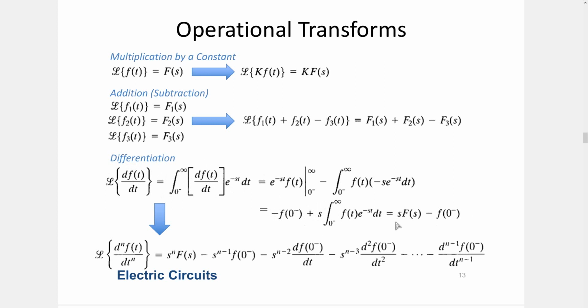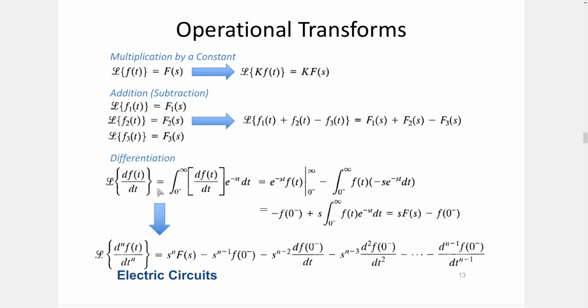So we end up with sF(s) minus the time domain value of the initial condition, which sometimes is 0 and sometimes is defined by the question. This is basically the initial value of f(t).